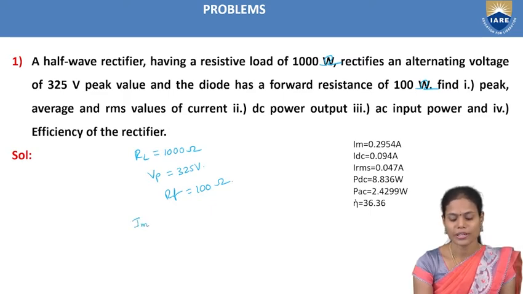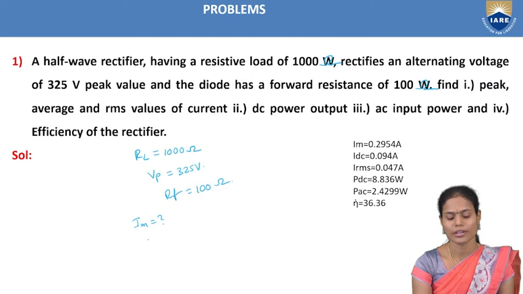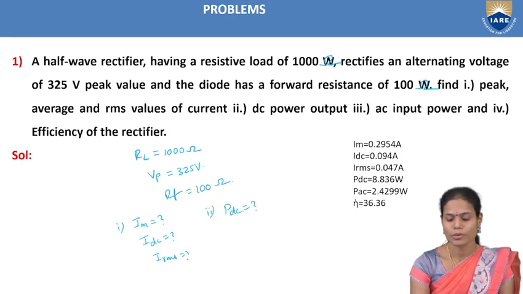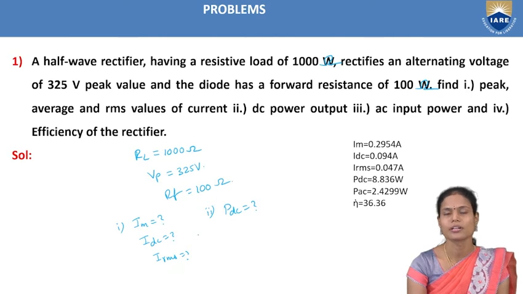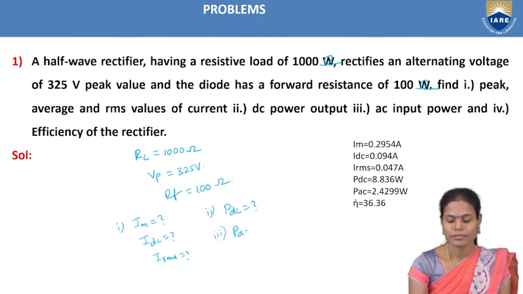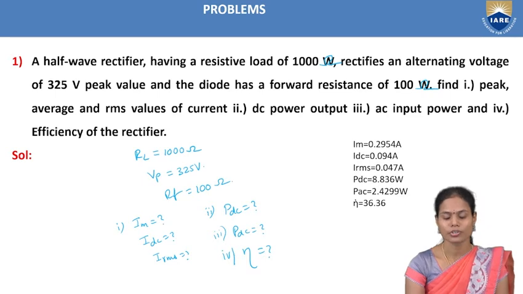Peak value is nothing but the maximum value of the current, average value is nothing but IDC current, and RMS value is nothing but IRMS. This is the first bit, and in the second bit we need to calculate DC power, how much DC power we are going to get in this particular rectifier, third one is PAC, how much AC power, and fourth one is how much efficiency we are getting from this rectifier.